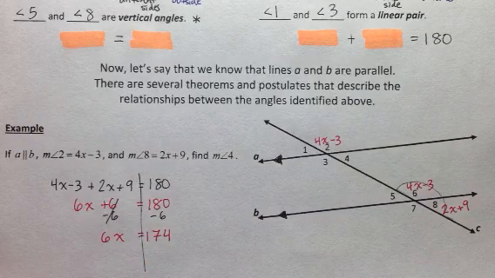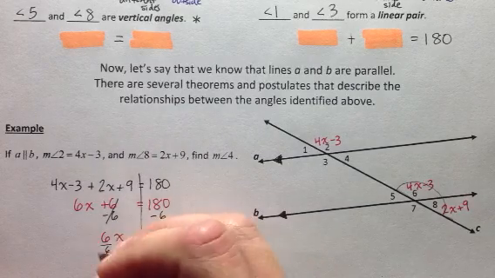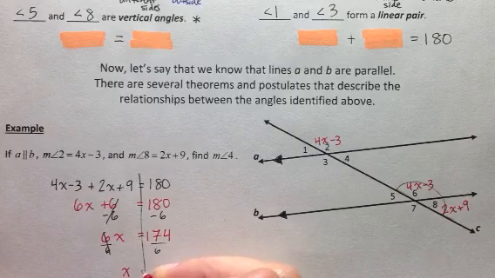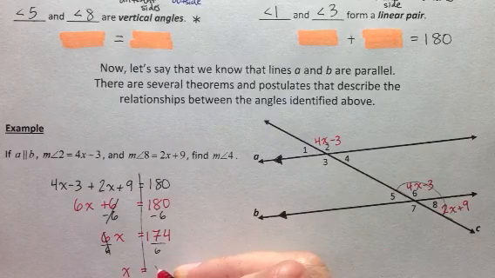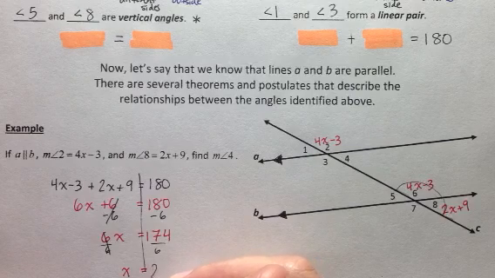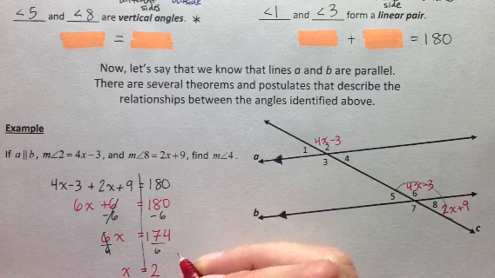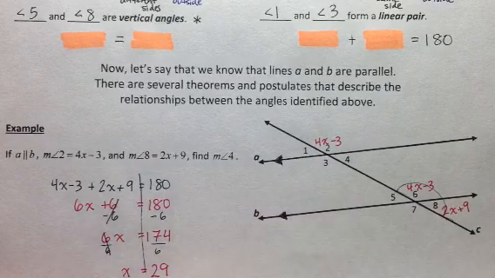And I sure wish I had a calculator with me. I'm going to have to divide by 6. Let's see. 6 goes into 17 twice, 12, 5, 54, 29. Okay, so I got x equals 29.